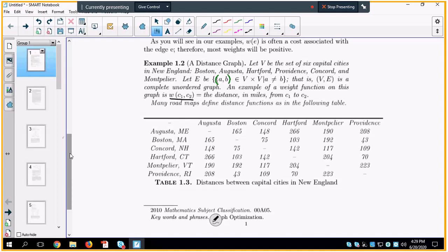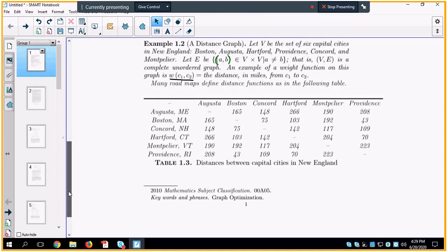The way we would read this table is that if we select a certain number at the intersection of Boston, Massachusetts, and Concord, then this is the distance from Boston to Concord. That is an example of a weight function.